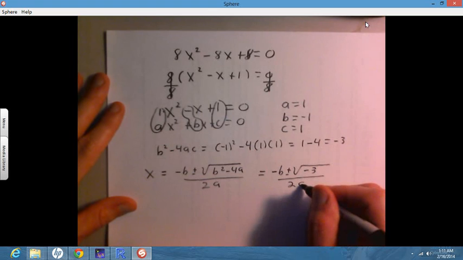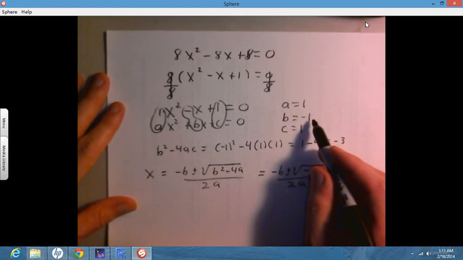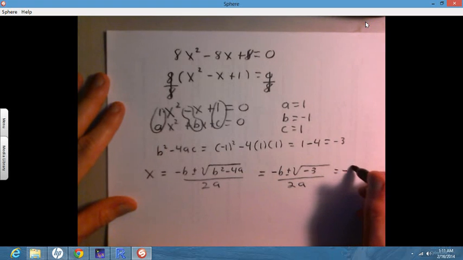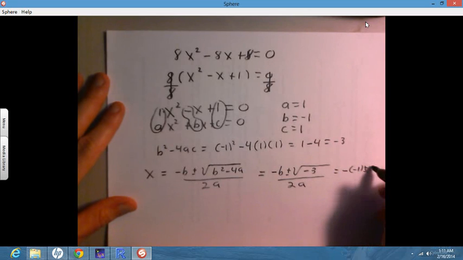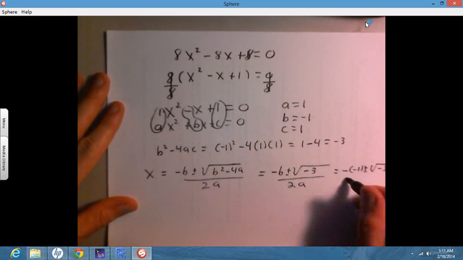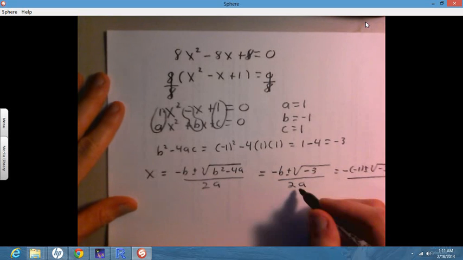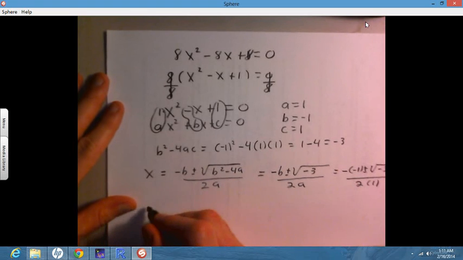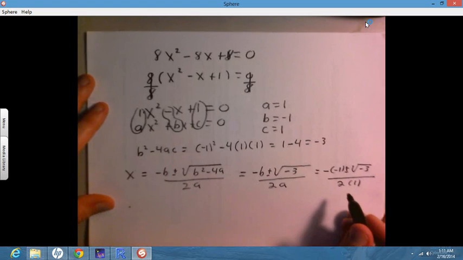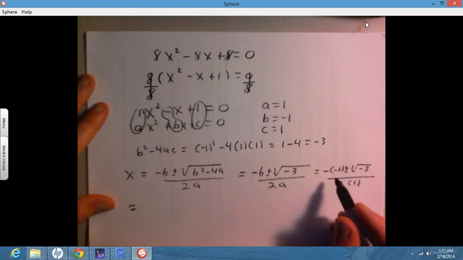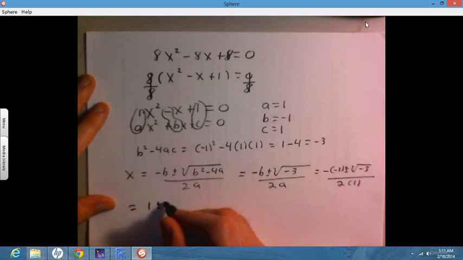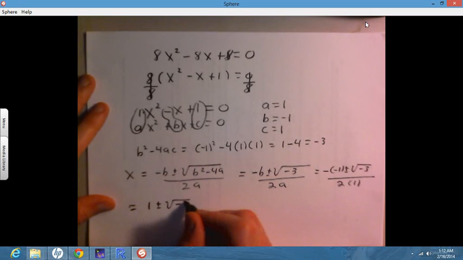And b is negative 1, so this is going to be equal to negative negative 1 plus or minus the square root of negative 3 divided by, well, a is 1, so it's going to be 2 times 1. Now I can simplify this. A negative and a negative make a positive, so that's going to be 1 plus or minus the square root of negative 3, all divided by 2 times 1, which is 2.